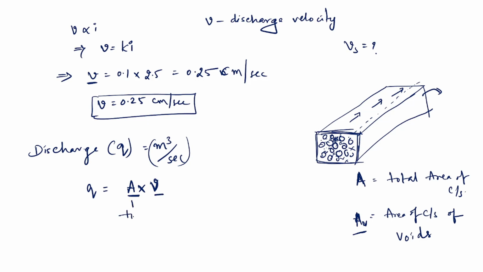Okay, this is total area and this is discharge velocity. Whatever velocity with which it is discharging, that is called discharge velocity. We have calculated that. And with total area, you will get discharge.